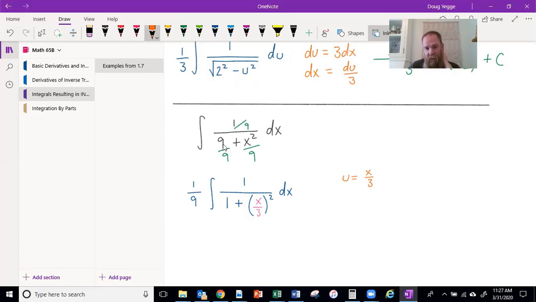So let u equal x over 3. That means du is equal to 1/3 dx, which means dx is equal to 3 du.